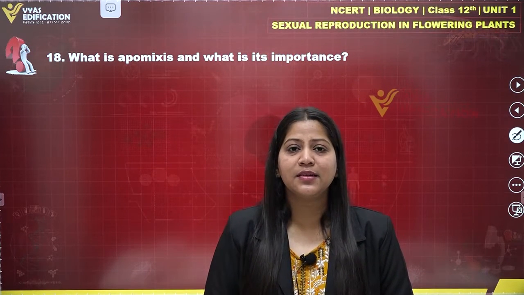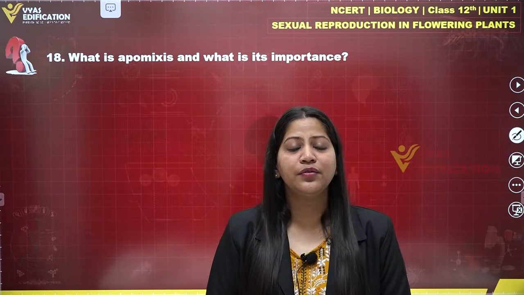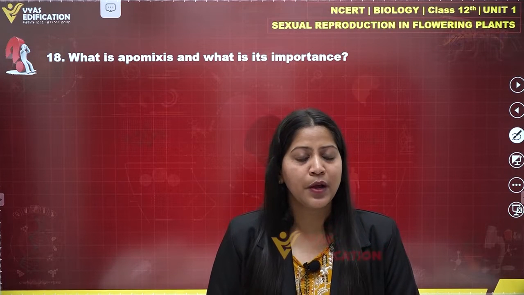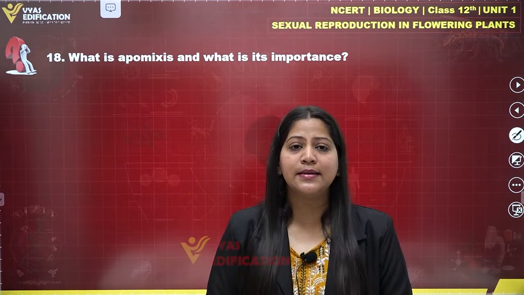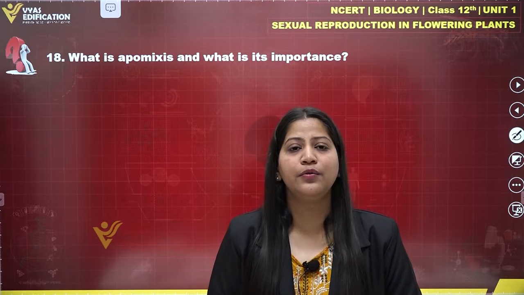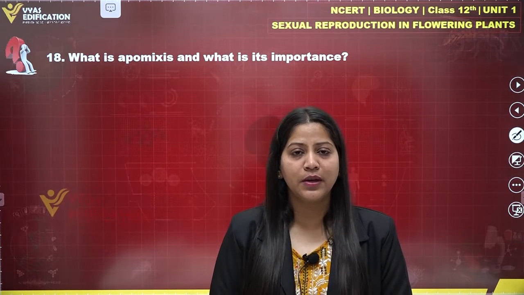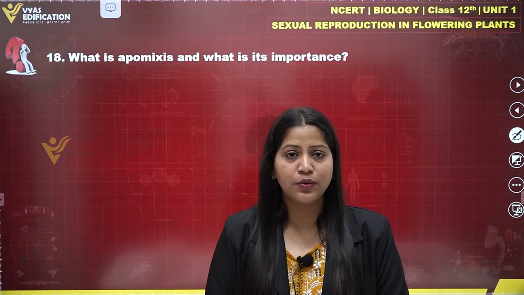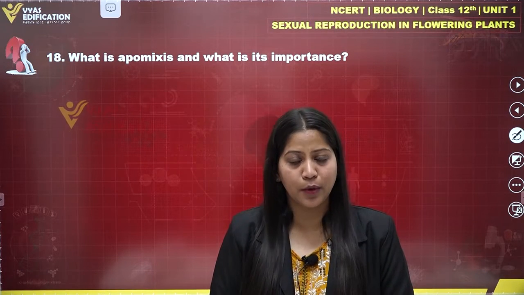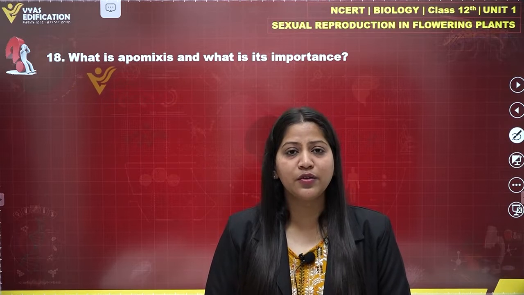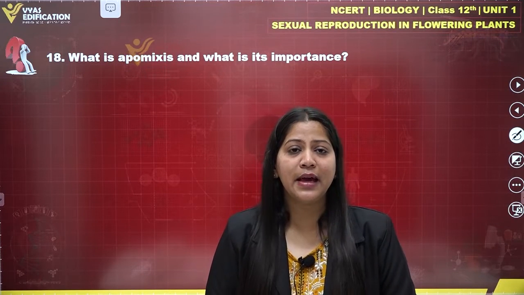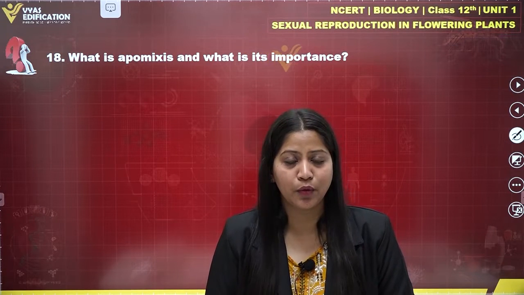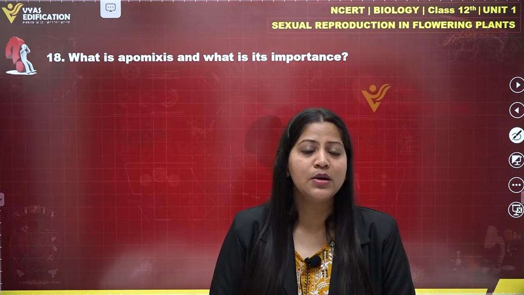This apomixis method is actually a type of asexual reproduction which mimics sexual reproduction. In this, the female gametophyte, that is the ovule, converts into an embryo. We know that ovule is converted into seed.